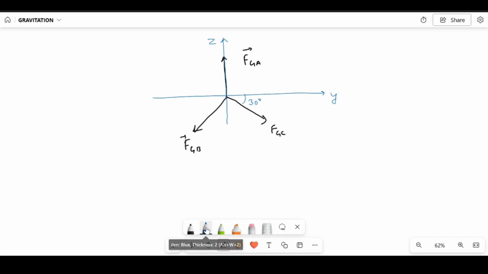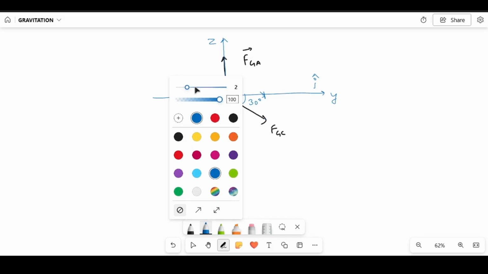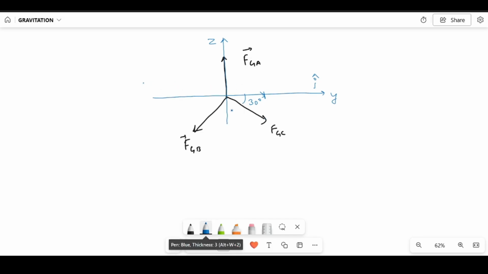Now we can write its component. Okay, so for FGC, there will be one component along this J cap, and there will be another component along minus K cap here. So FGC can be written as, let's say if these all three forces are equal in magnitude, let's say their magnitude is F, and F we can find out.